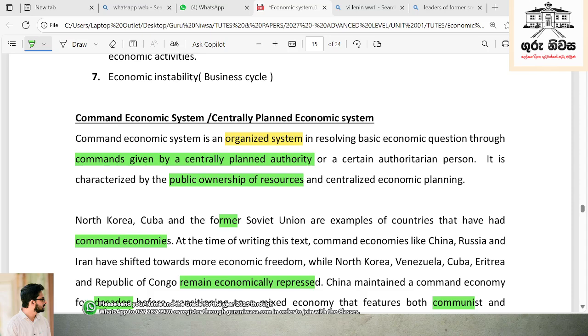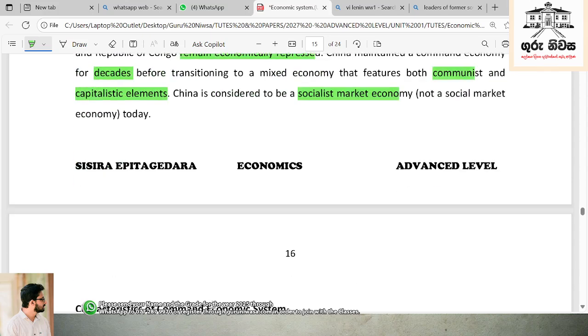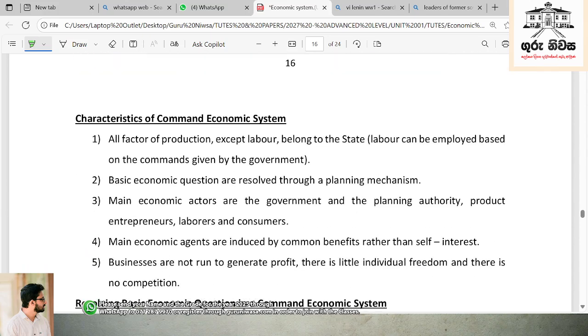Then the characteristics of a command economic system. Number one: all factors of production except labor, but generally we can say all factors of production, are owned by the government. Normally, except labor, they belong to the state.